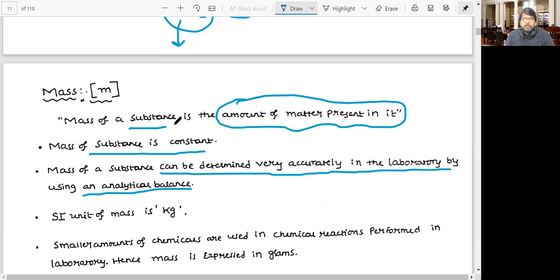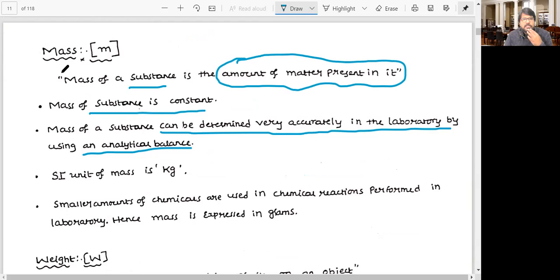If you are doing any experiment in the lab, there is a device called an analytical balance, and by using that analytical balance you can measure the mass of the substance. For example, you are doing some experiment and you want to take 20 grams of a substance, and you can happily measure 20 grams by using an analytical balance. And what is the SI unit of mass? SI unit of mass is kilogram. But being chemists, we generally don't use kilograms in the lab.